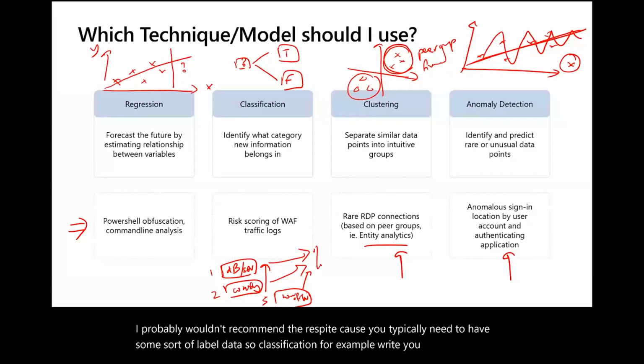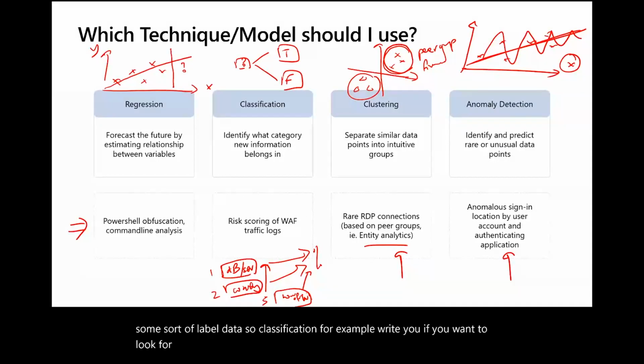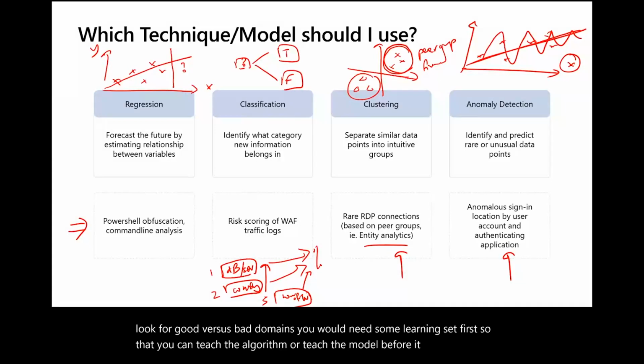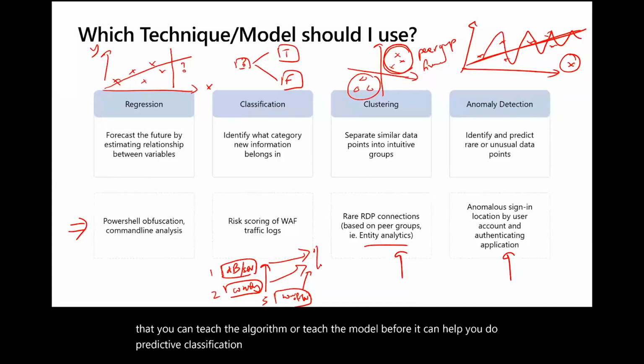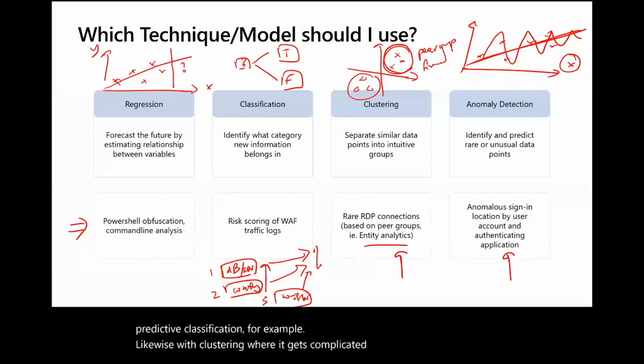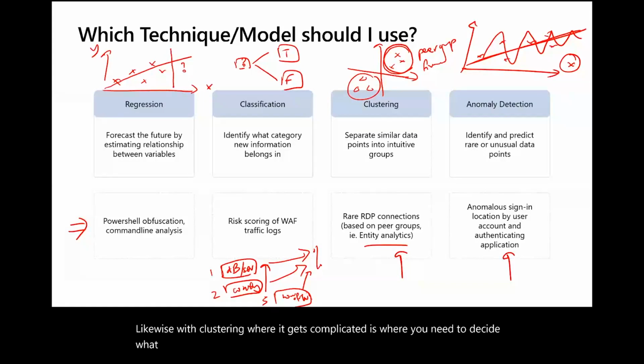If you want to look for good versus bad domains, you would need some learning set first so that you can teach the algorithm or teach the model before it can help you do predictive classification, for example. Likewise with clustering, where it gets complicated is where you need to decide what is the feature that you're going to use to model these data points.